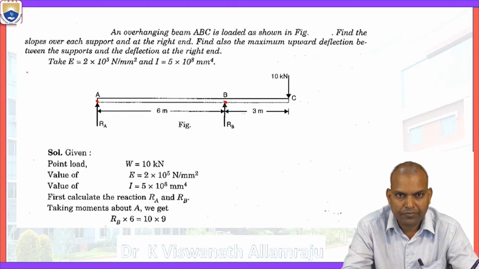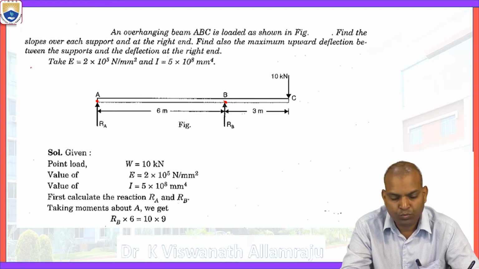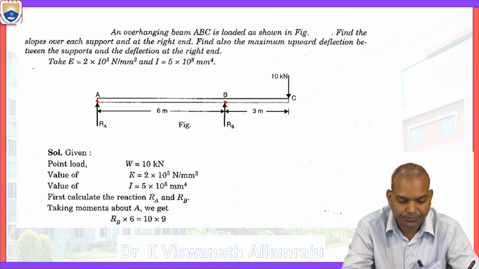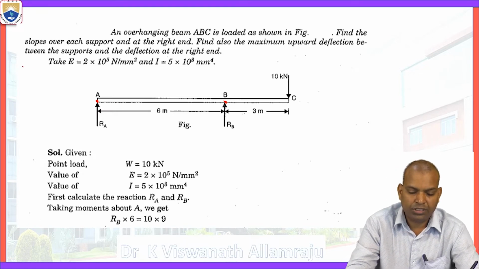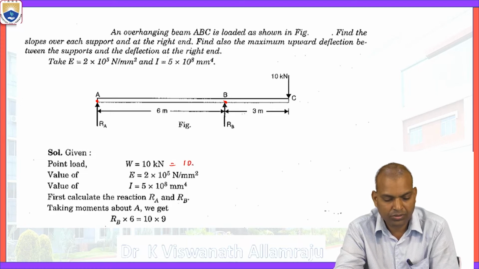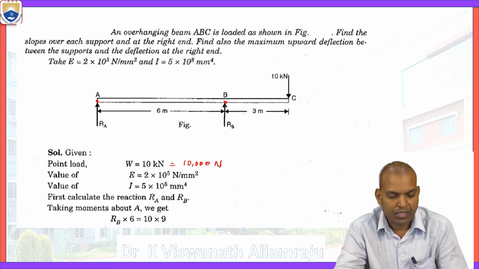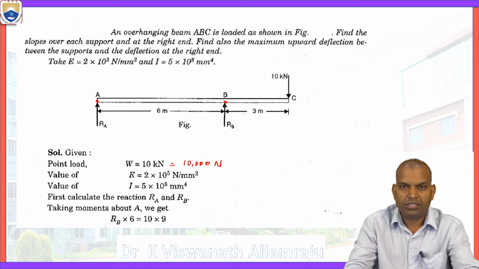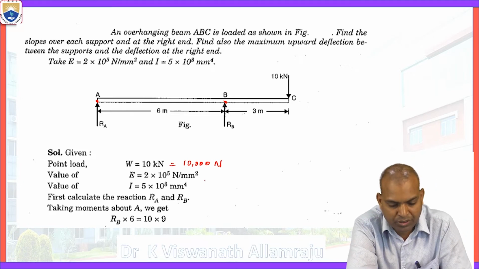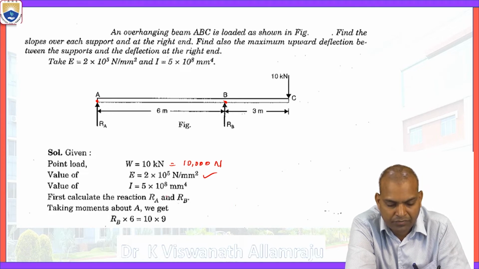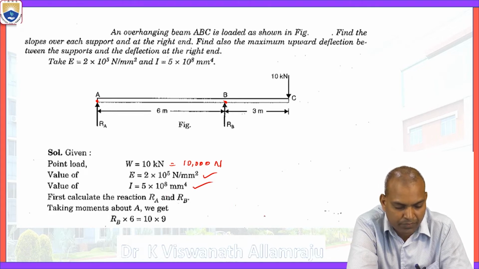Take the modulus of elasticity as 2 into 10 power 5 Newton per square millimeter, and the second moment of area as 5 times 10 power 8 millimeter to the power 4. The point load of 10 kilonewtons is converted into newtons, that is 10,000 newtons.